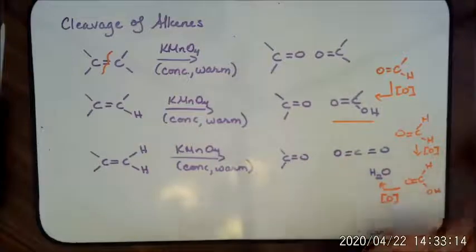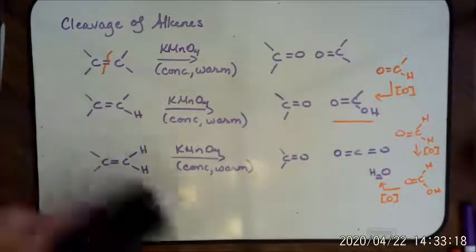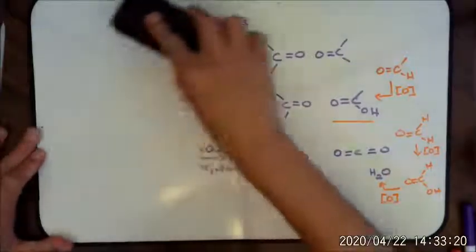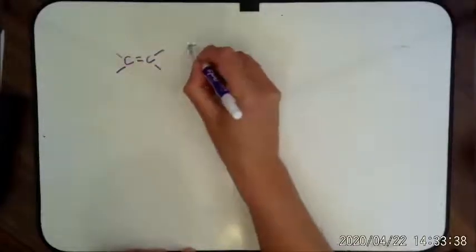Okay, let me show you the next way we can cleave alkenes, and that's with ozonolysis. Now, when we talk about ozonolysis, the first step is basically to use ozone.